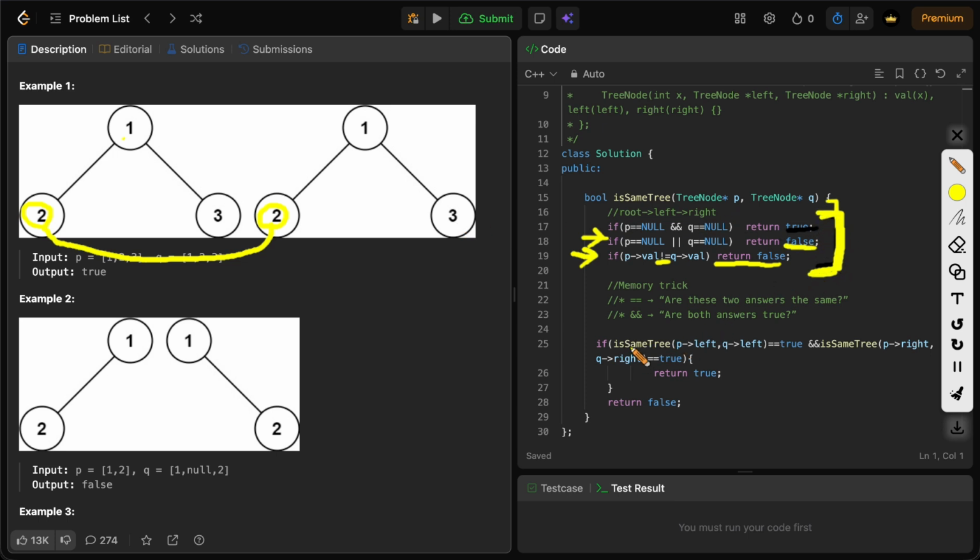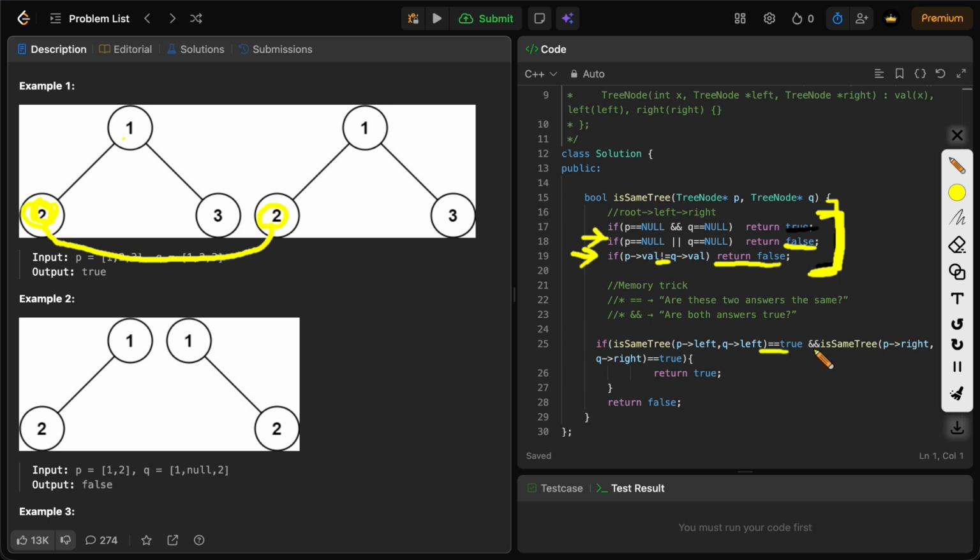Now we will write the recursive code. So is the same tree, this same function, isSameTree, on p of left and q of left, means this left and the second tree's left. If these two values are not null, means this is true.